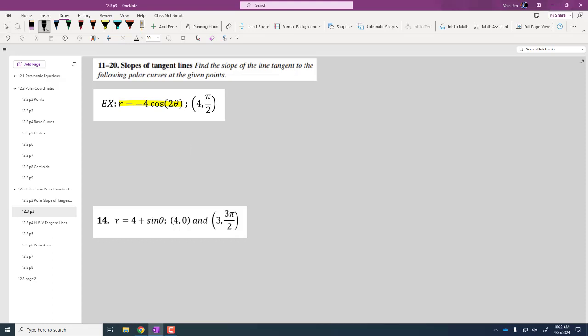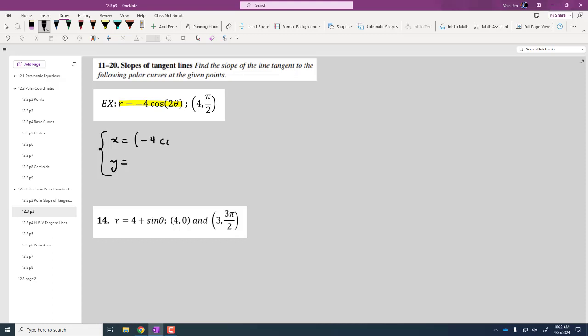Okay, now that is a polar curve. If we want to find the dy dx and figure out what the slopes of the tangent lines are, we convert to parametric. So here is how we convert to parametric. We do r cosine theta and r sine theta. So this is the r.